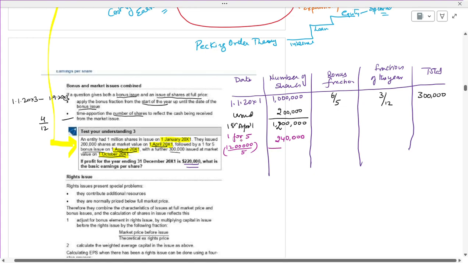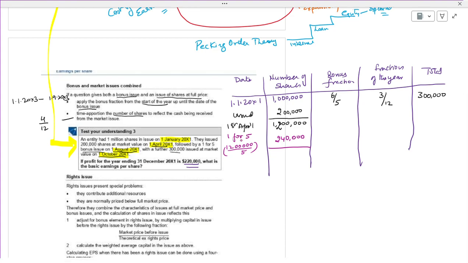Check. Yes, 240,000. What is the bonus fraction followed by the 1 for 5 bonus issue?